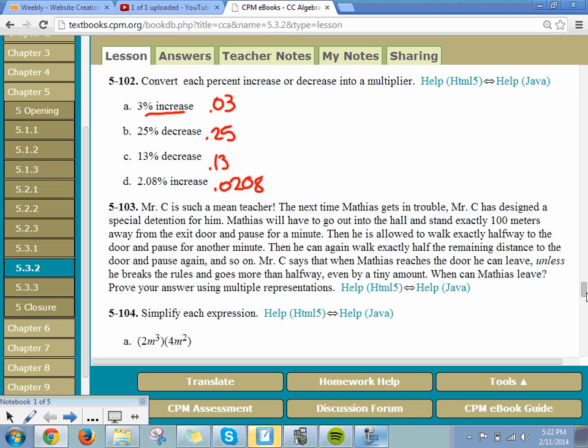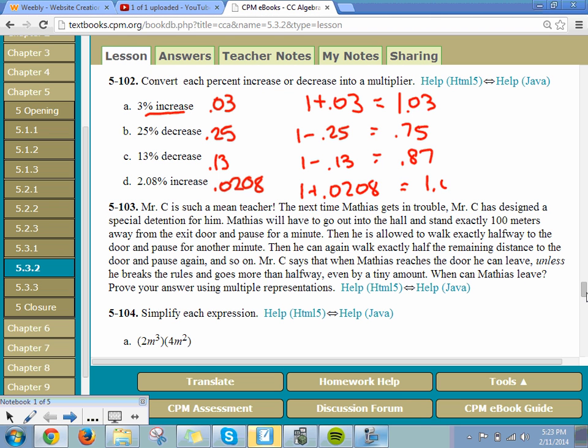And they're going to tell us what they want to do. Increase means that we're going to have 1 plus 0.03, which will give us 1.03. A decrease means we'll do 1 minus 0.25, which will give me 0.75. We've got another decrease, so we're subtracting, which will give us 0.87. And then again an increase, so 1 plus 0.0208 is simply 1.0208.